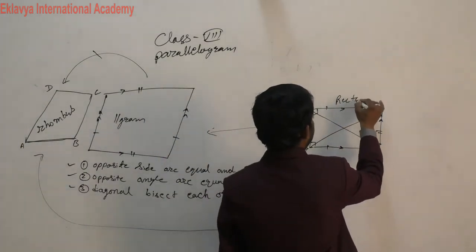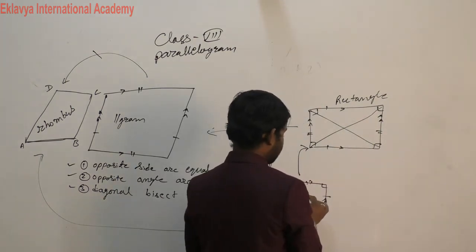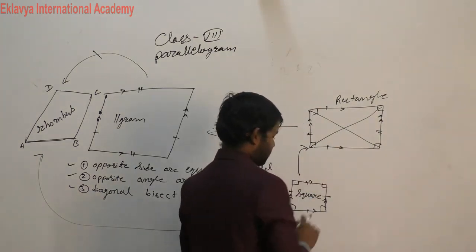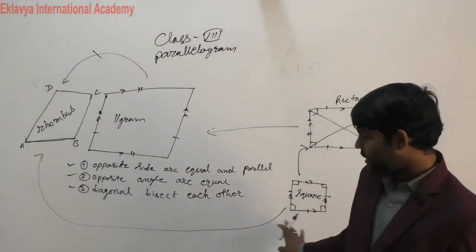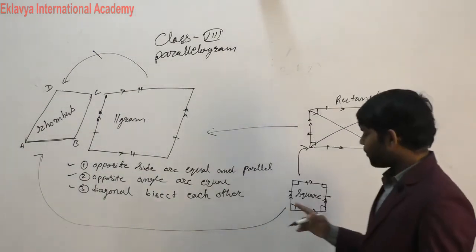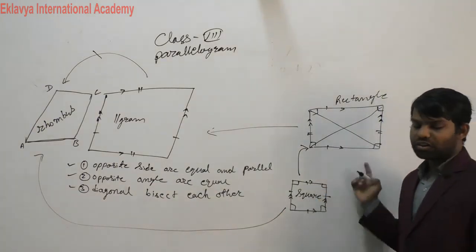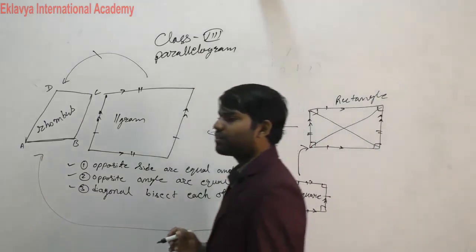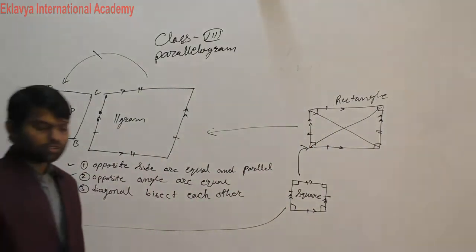It is our rectangle and it is our square. Now we want to say whether a square is a rhombus or not. Then we will see here, in the square all sides are equal and diagonals bisect each other. So we can say a square is a type of rhombus. It is also true.